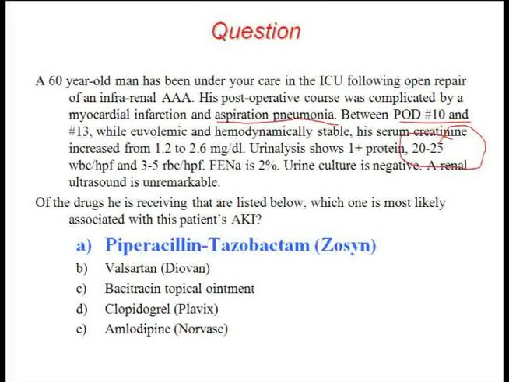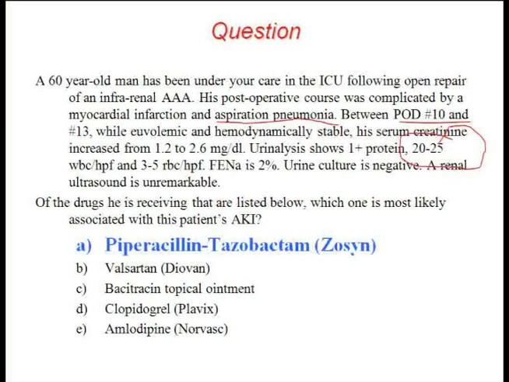And of the drugs listed, the only one that's classically associated with interstitial nephritis are beta-lactam antibiotics, in this case, Zosyn. Now, valsartan, there have been very, very rare reports of ARBs causing interstitial nephritis, but that would not be a typical presentation. It usually causes hemodynamically mediated ATN, in which the kind of urinary sediment would be different, as I'll discuss with you in a second.